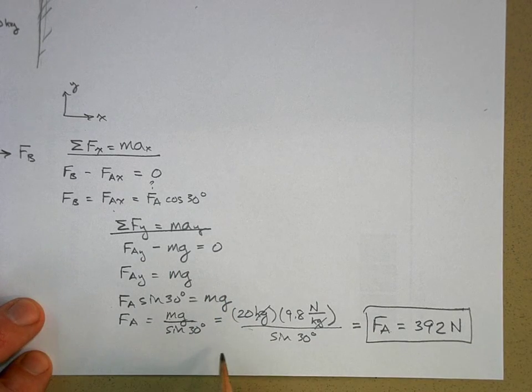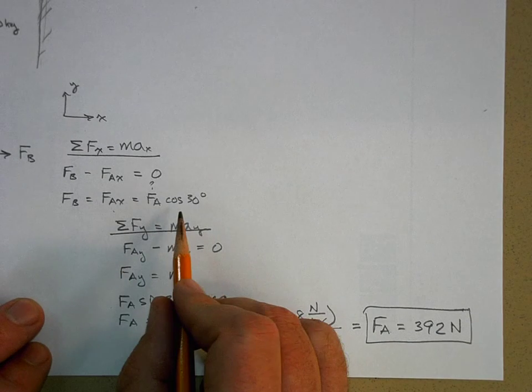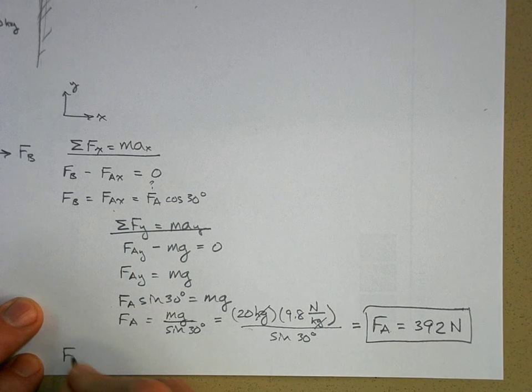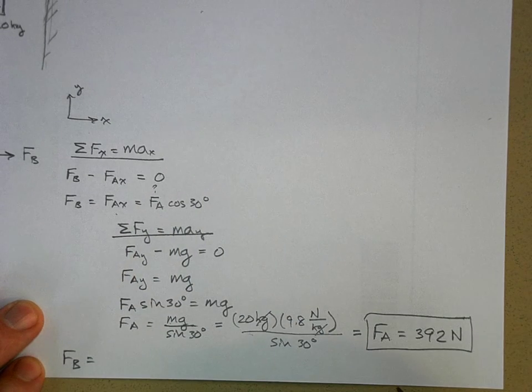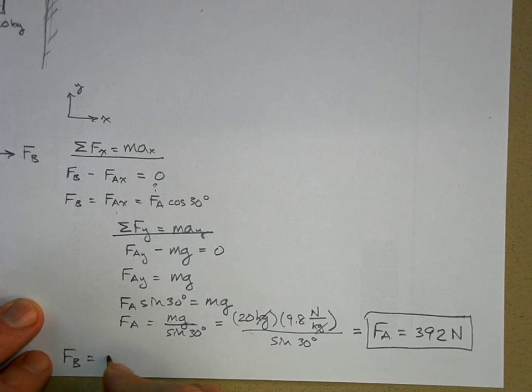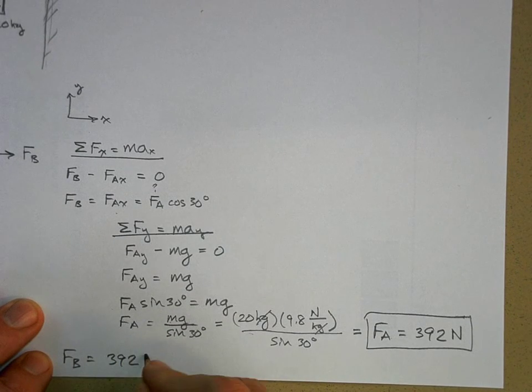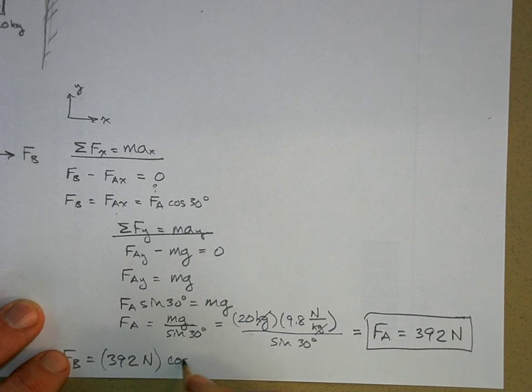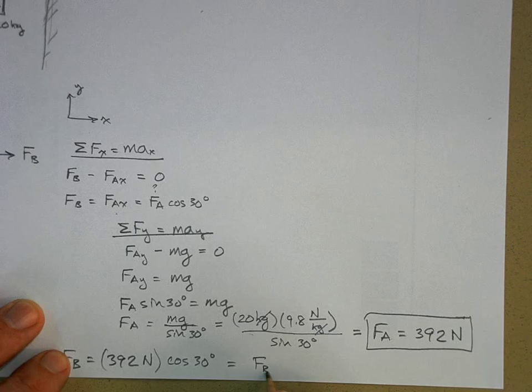Now, what is FB? I look up here, and FB is FA cosine theta. So FB is equal to FA, which we got to be 392 newtons, times the cosine of 30 degrees.